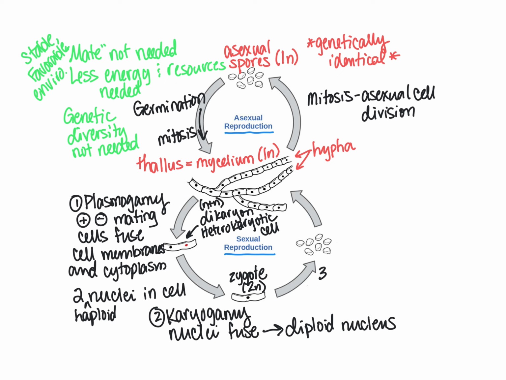The third step is meiosis. And in meiosis, the diploid nucleus goes through a couple of rounds of cell division and ultimately produces daughter cells with haploid nuclei.